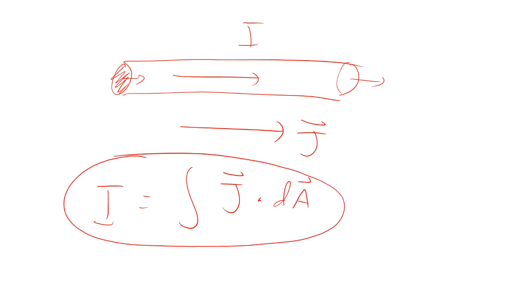That would take into account the possibility that the current density is different at different radii. For our class, we're going to pretty much assume that the current density is uniform across the area, in which case this just becomes J times A, and that gets us back to J equals I over A. This gives us our basic definition of current density.